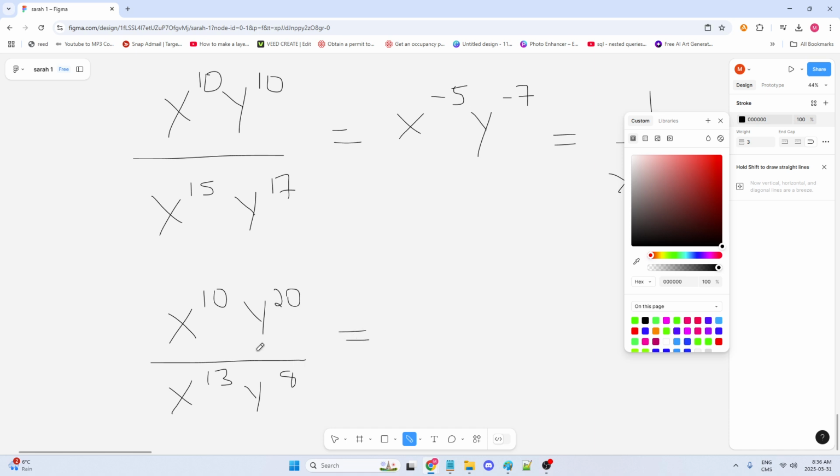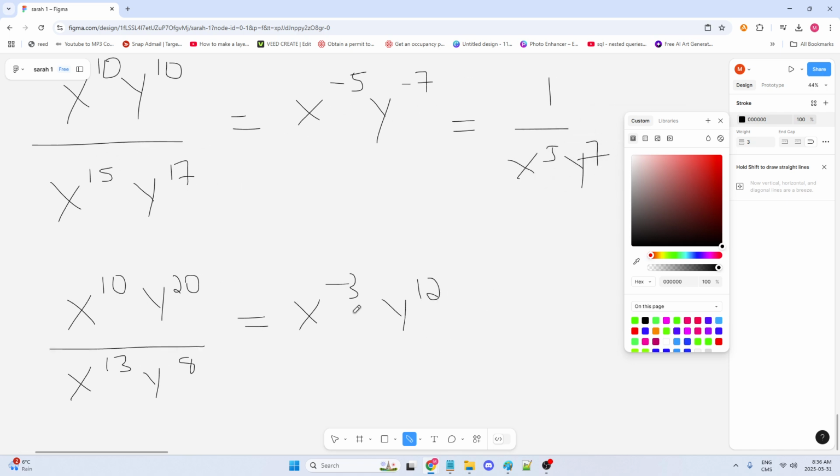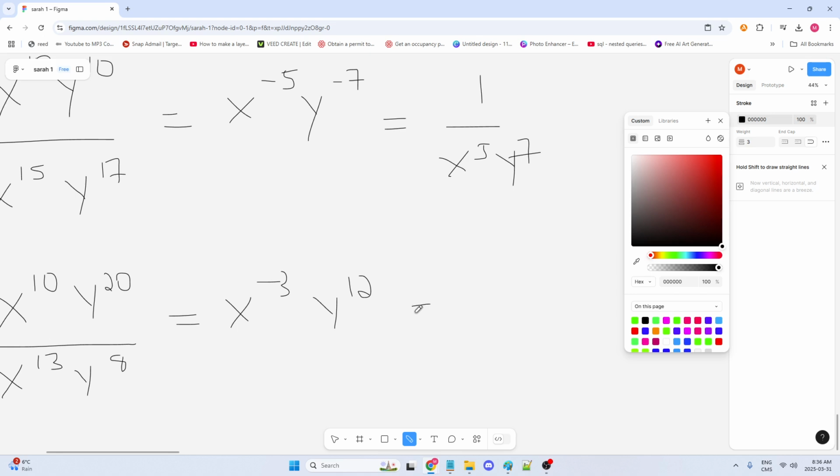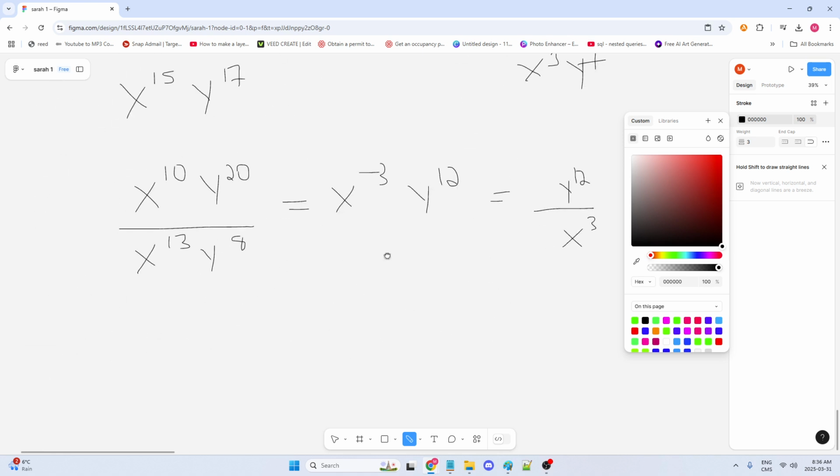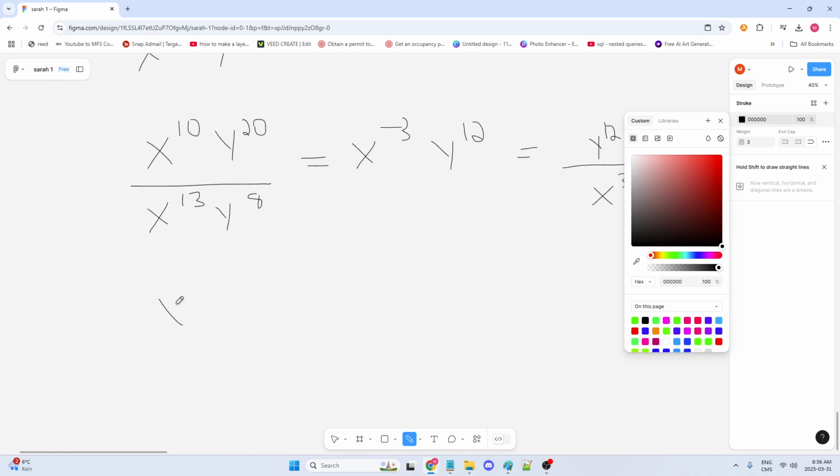Okay, now 10 minus 13, so minus 3. y, 20 minus 8 is equal to 12. So I only have a negative here. So I just put the negative underneath. I keep the y on top because it's already positive, and put the negative on the bottom. Voila.